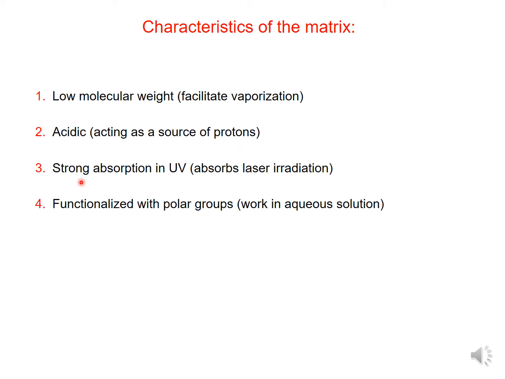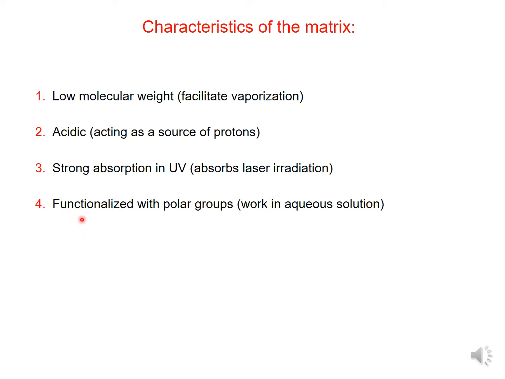We also have a strong absorption in UV. That's the major point of the matrix, of course, because they need to absorb the laser irradiation to allow the ionization of the matrix, and then to allow the ionization of our sample.